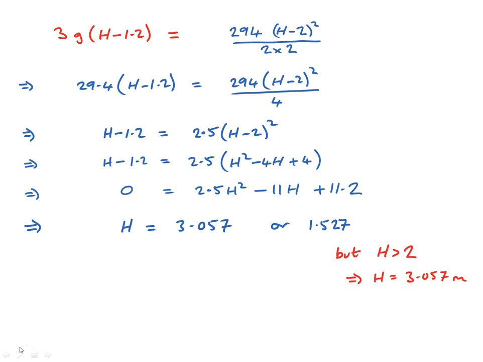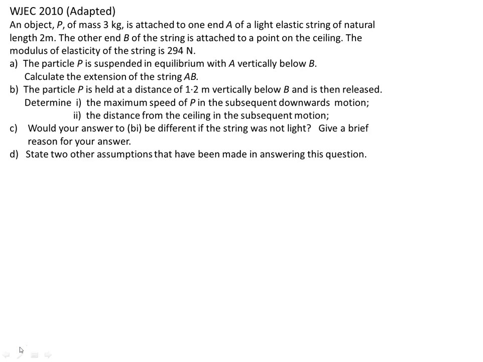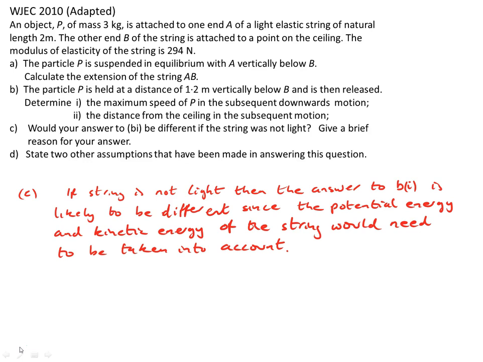Finally, we need to consider some of the modelling assumptions made in the course of answering this question. First of all, if the string wasn't light, then the answer to B1 would certainly be different, or is very likely to be different at any rate, because we would have to start taking into account the fact that there is some kinetic energy in the string itself, and also there will be changes in the potential energy of the string.